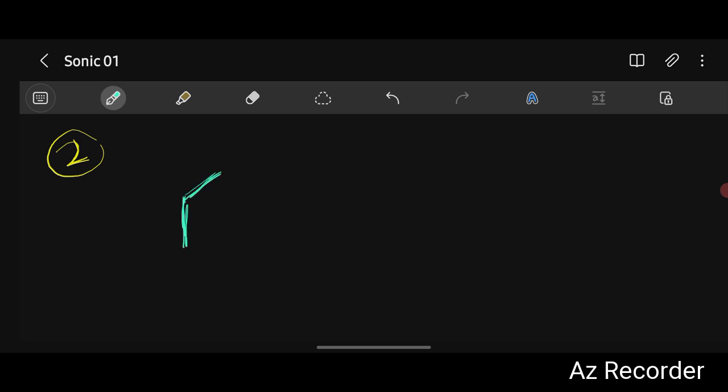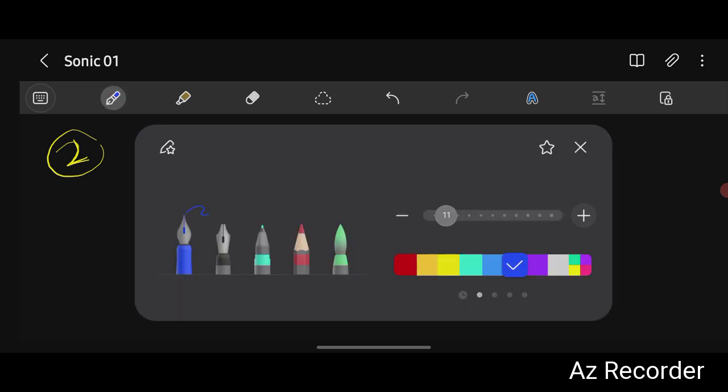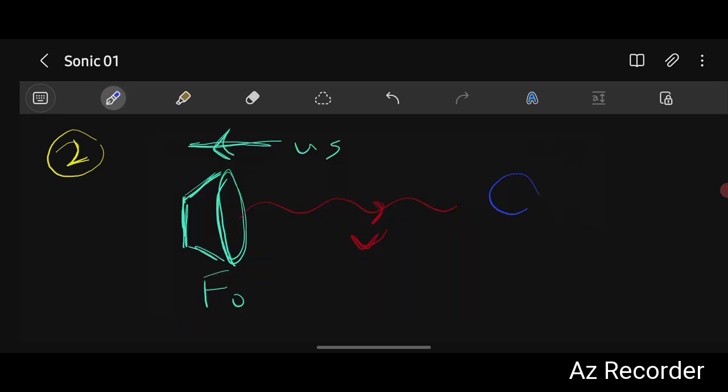If this is the source, it has a velocity us towards the outer direction and frequency f naught. It emits sound waves like this towards this direction with speed v, and the observer is here.